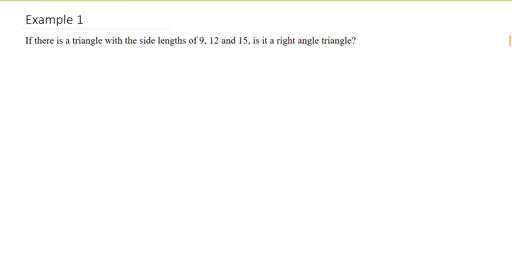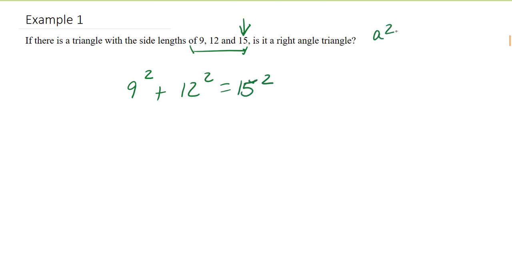Example 1: if there's a triangle with the side lengths of 9, 12, and 15, is this a right angle triangle? Well, we're going to use the Pythagorean Theorem to figure this out. Notice we have 3 lengths, and we know our hypotenuse is always the longest length. So 15 is going to be our hypotenuse. So we're going to go 9 squared plus 12 squared is equal to 15 squared.